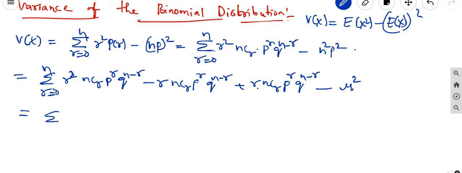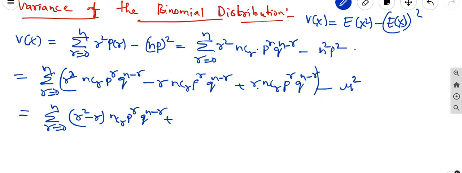It is equal to sigma r equal to 0 to n of r square minus r into NCR p power r q power n minus r, plus this summation for all r, which is nothing but r into NCR p power r q power n minus r, that is mu, minus mu square.